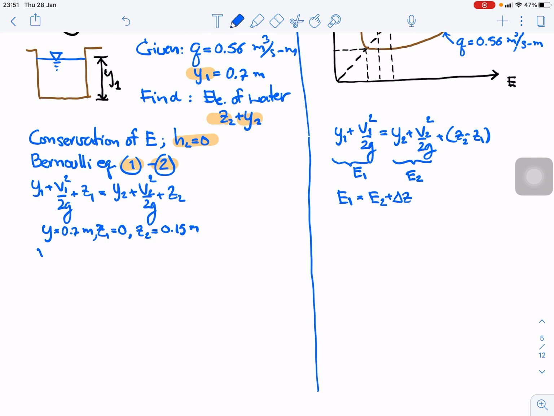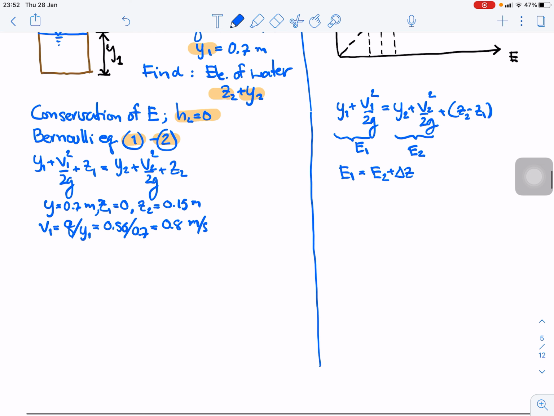and v1 is equal to q divided by y1. Small q is the discharge per unit width, so it's 0.56 divided by 0.7, so that is 0.8 meter per second. And next we substitute the numbers in equation 1, plus 0.8.